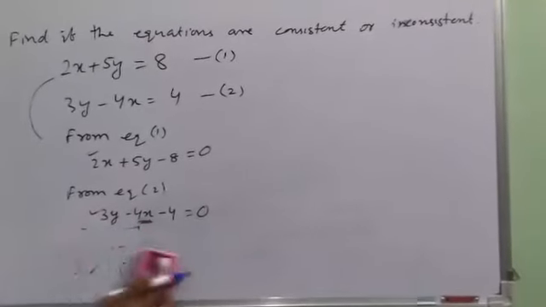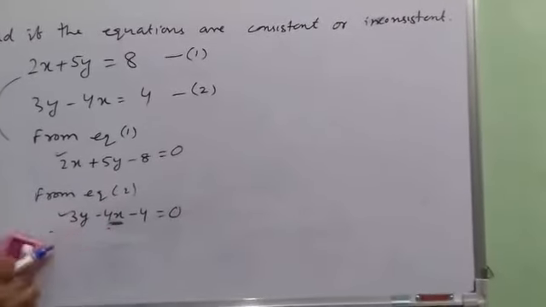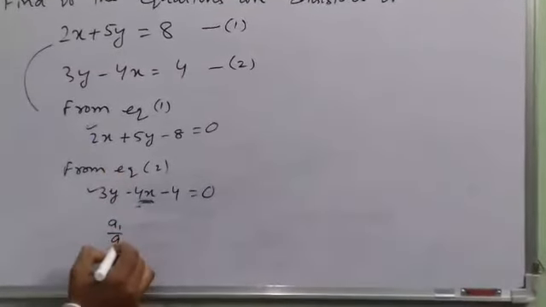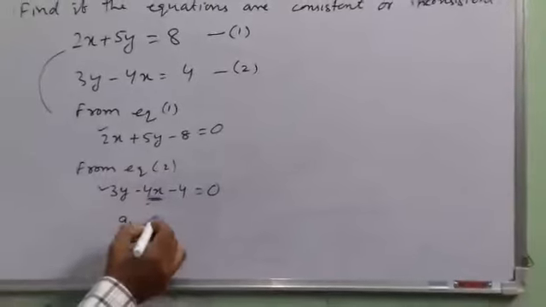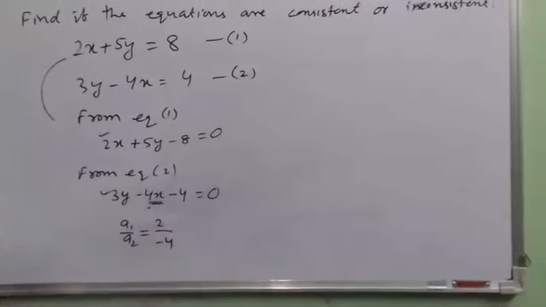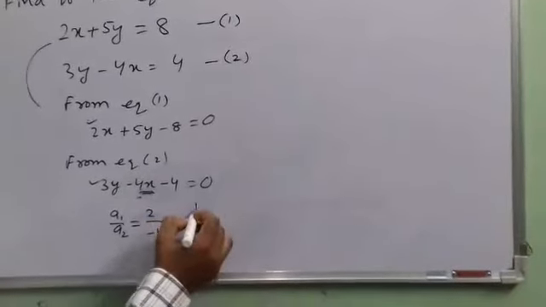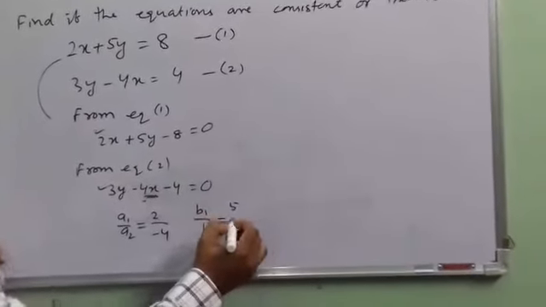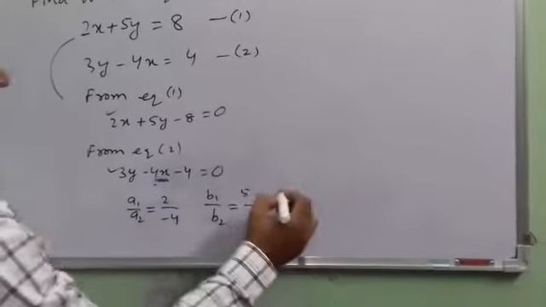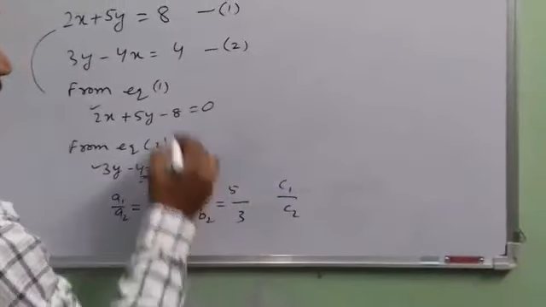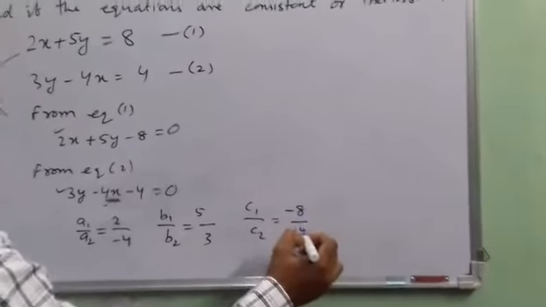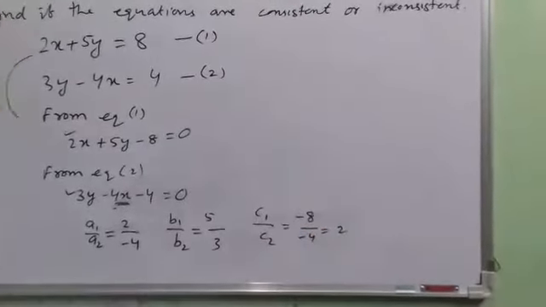Okay. Now come to how to solve this. You see, here a1 by a2 equal to 2 by minus 4, and b1 by b2 equal to 5 by 3, and c1 by c2 gives you minus 8 by minus 4, that is 2.